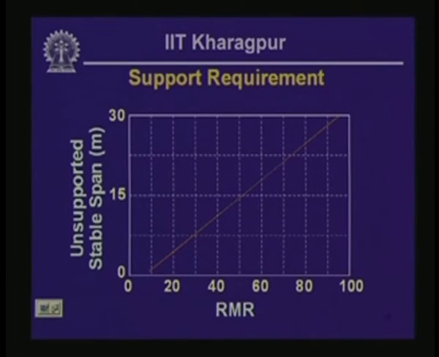What you can see is that as the rock mass rating increases, a larger length can be left unsupported, without any necessity to provide any particular support in order to stabilize the rock mass. That illustrates one of the applications of rock mass rating that we considered some time back.